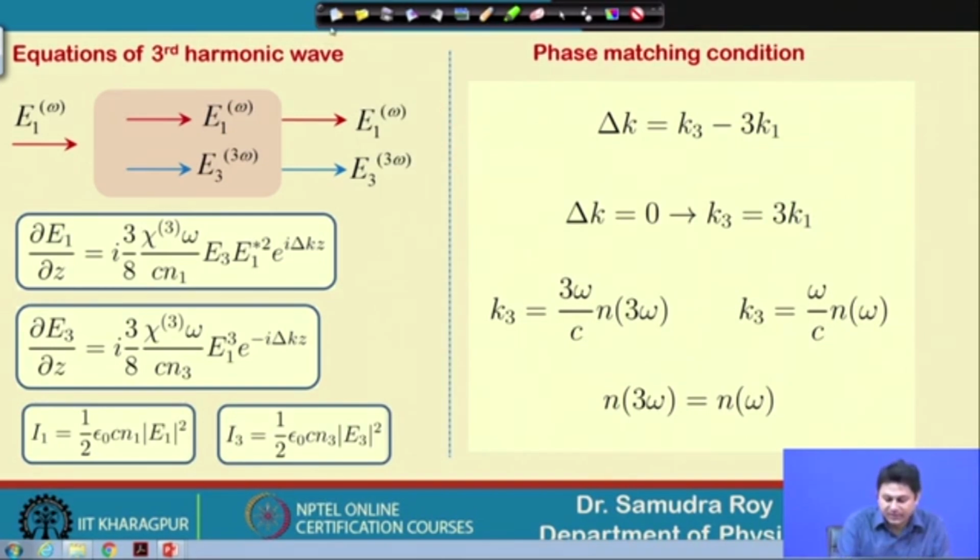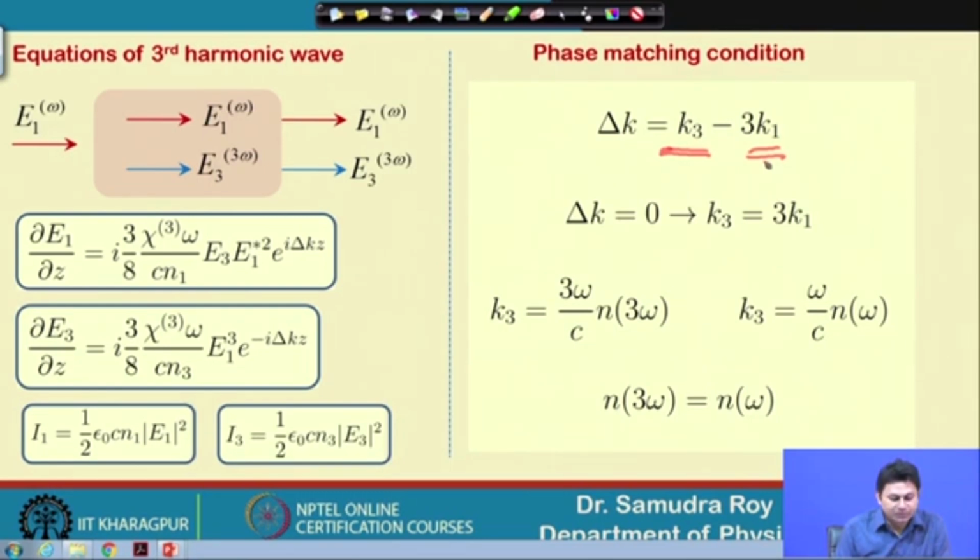In exactly the similar way here, k3 is the wave vector for the third harmonic wave, and k1 is for the fundamental wave. In the left hand picture you can see that electric field E1 is launched with a frequency omega.